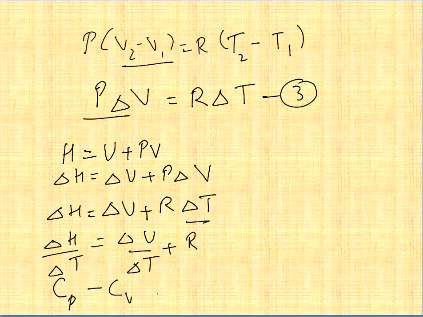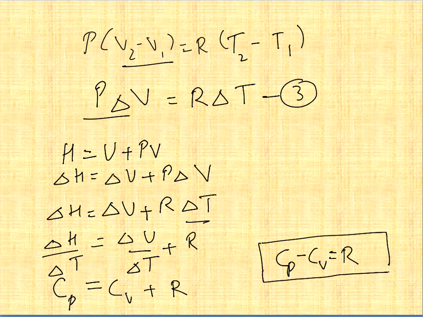So it is Cp is equal to Cv plus R. Take the Cv to the left hand side, then the equation will be Cp minus Cv is equal to R. This is the relation between Cp and Cv, specific heat at constant pressure and specific heat at constant volume.